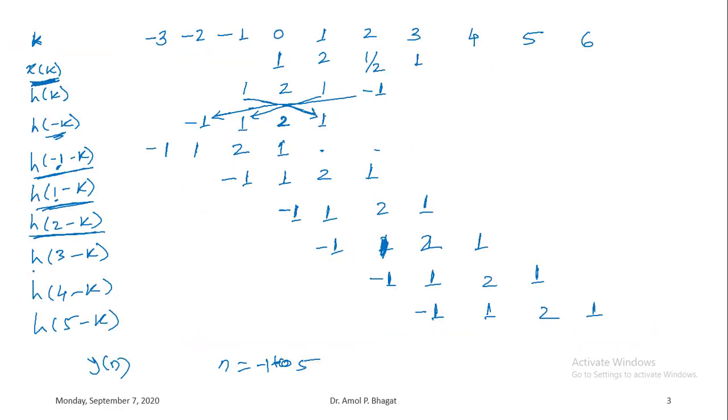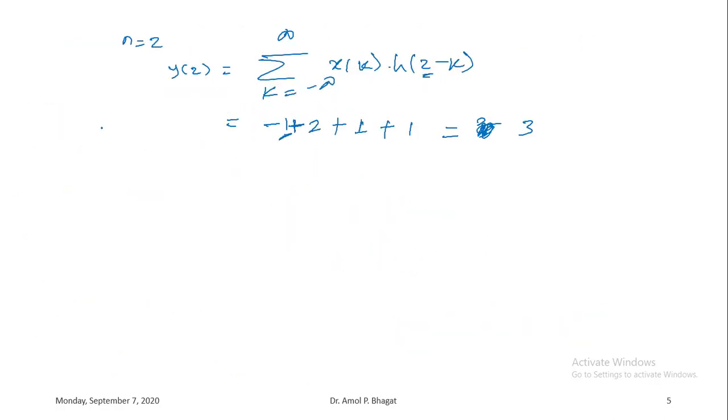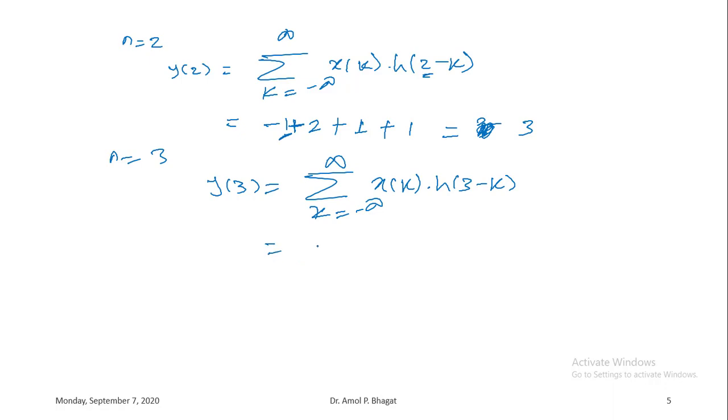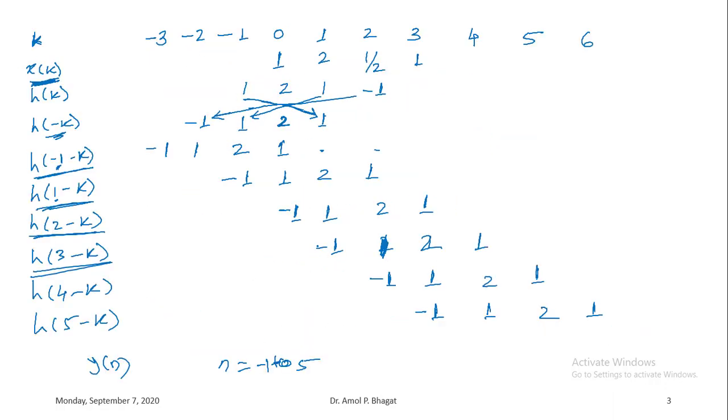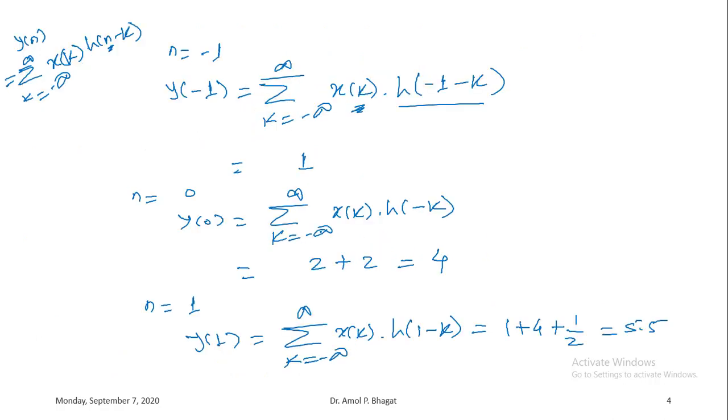Similarly, you will be identifying y of 3 when you substitute n equals 3 in this formula. So the formula will be y of 3 equals summation k from minus infinity to infinity x of k into h of 3 minus k. Again you will be multiplying x of k and h of 3 minus k. So minus 1 will get multiplied with 2, so it will be minus 2, right?